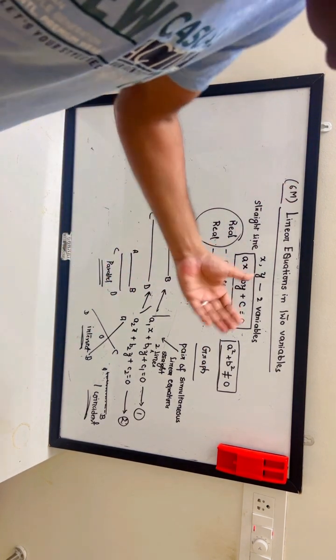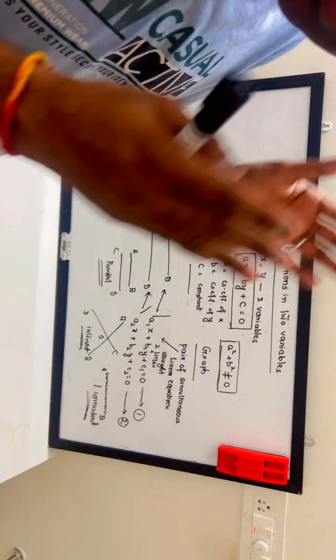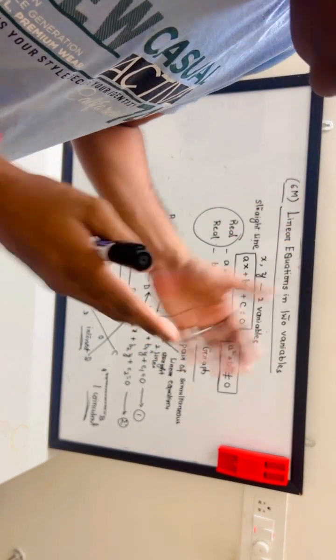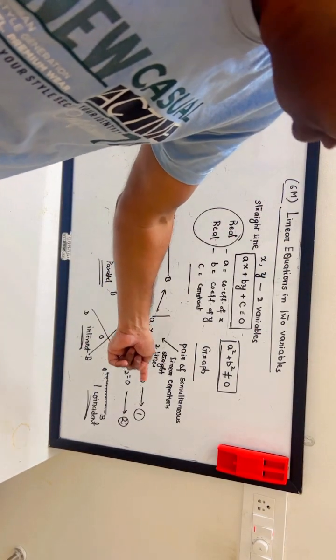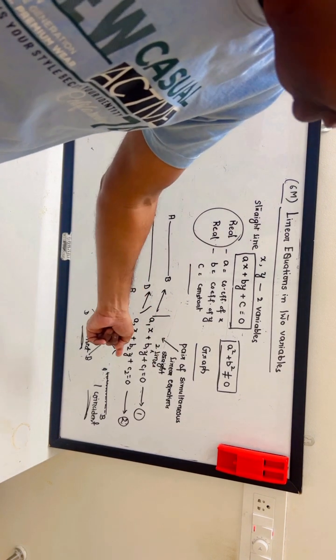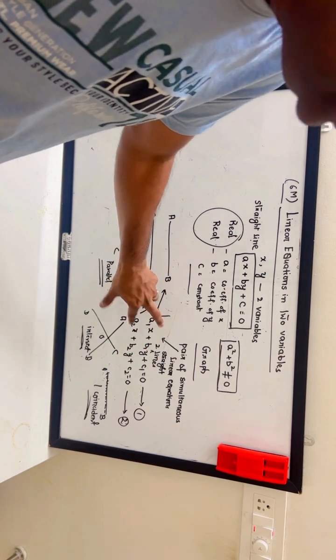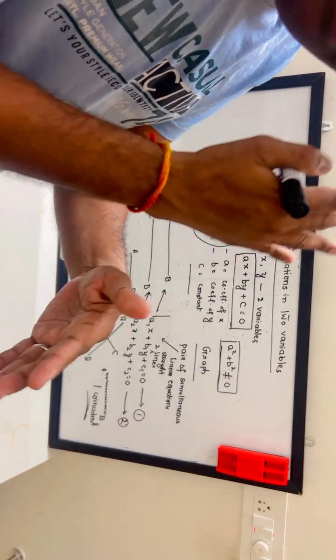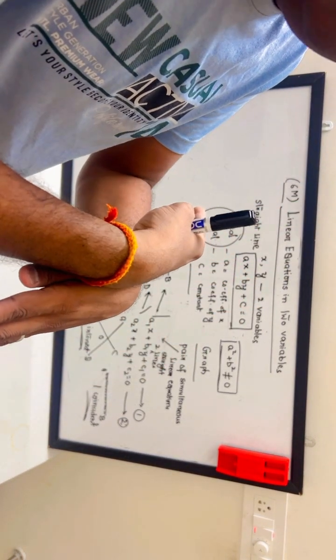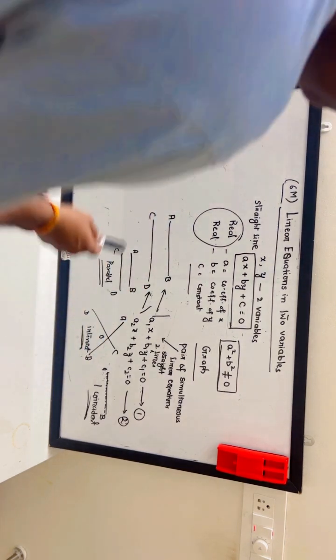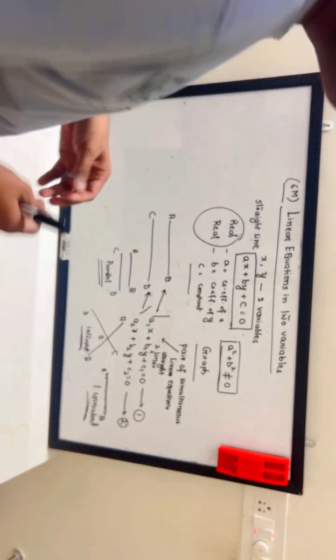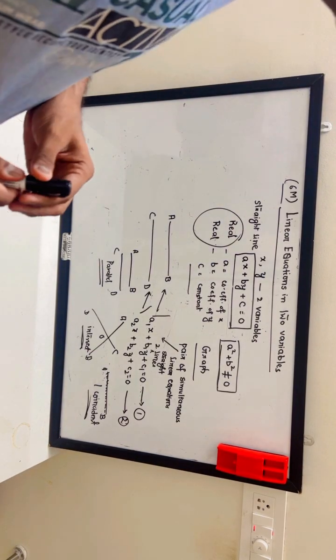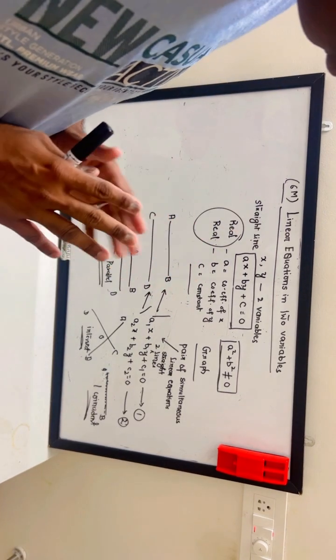Then we talked about a graph with two linear equations, a1x plus b1y plus c1 equal to 0 and a2x plus b2y plus c2 equal to 0. These are two straight lines, which can be parallel, intersecting, or coincident. I hope you have understood up to this point.